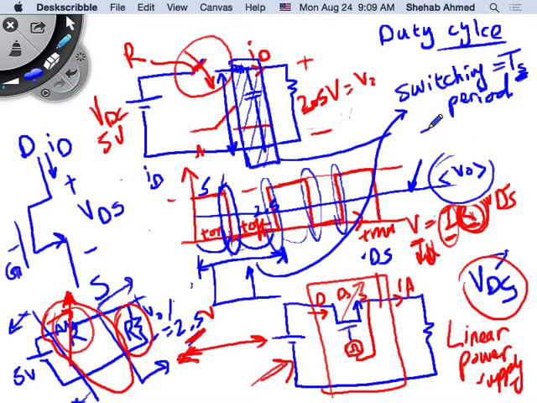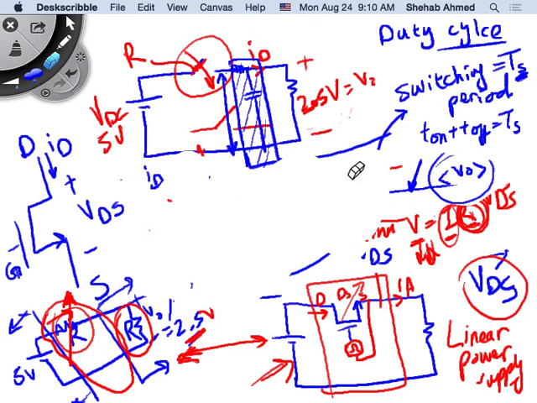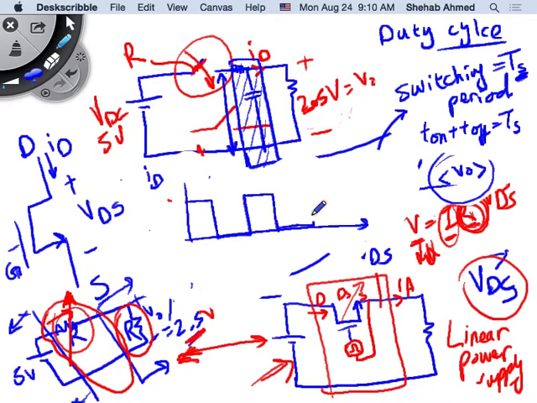So the sum of T on and T off is equal to TS, always.